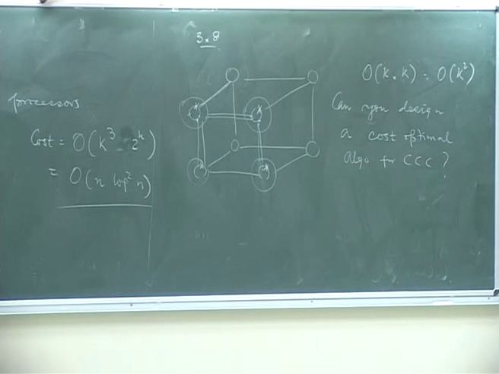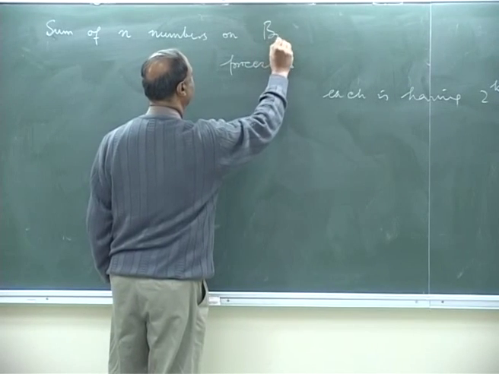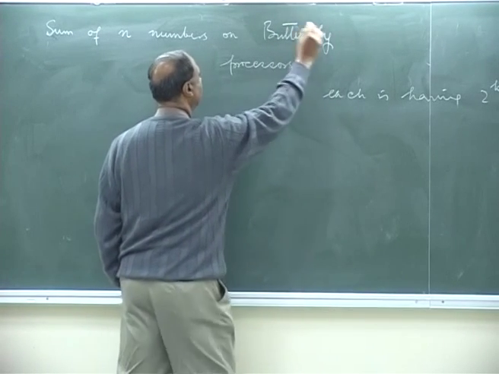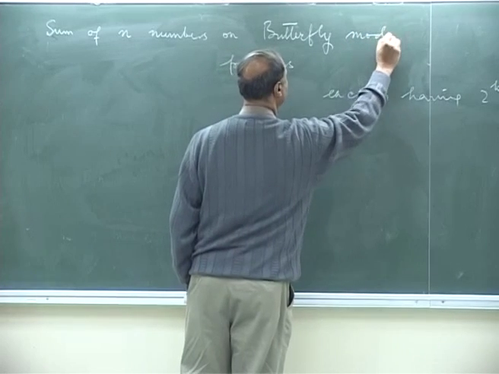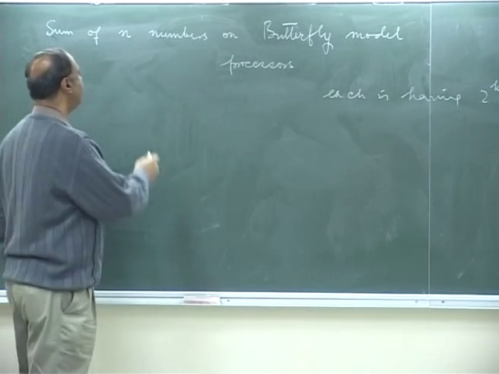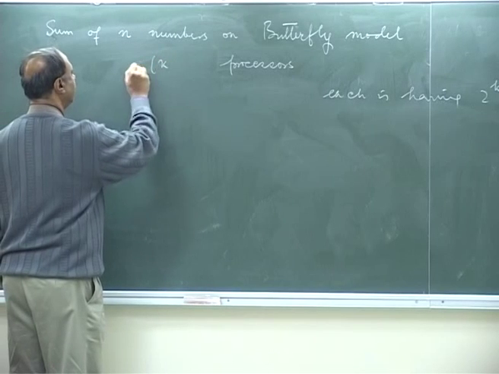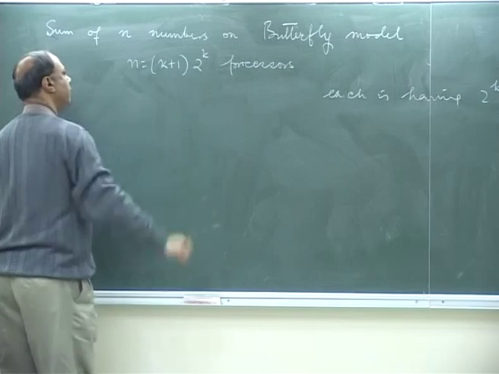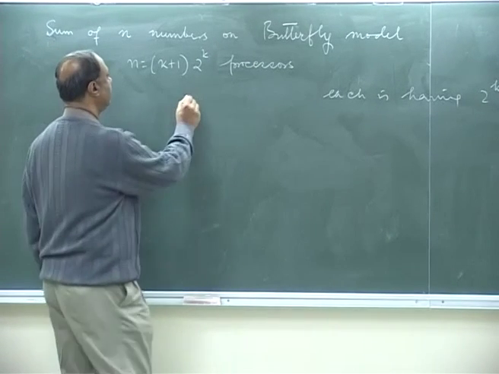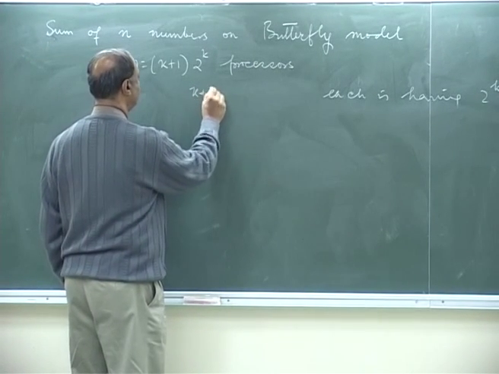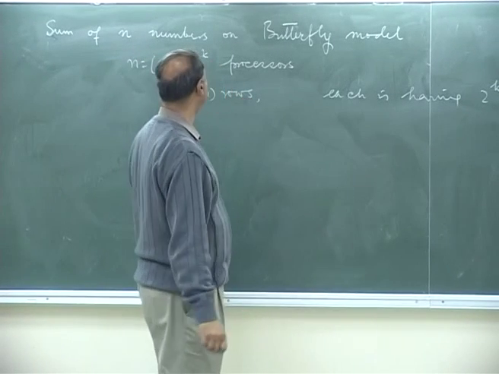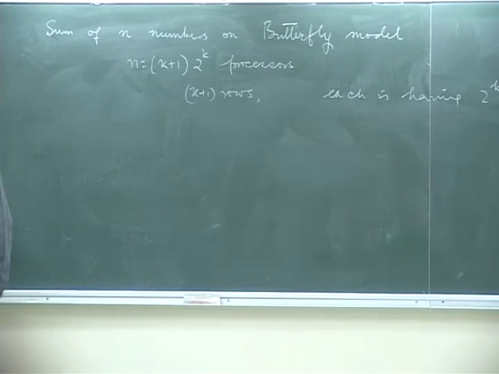Now the next one is the sum of n numbers on butterfly. Here you have assumed n is equal to k plus 1 times 2 to the power k processors, k plus 1 groups or rows, each having 2 to the power k processors.